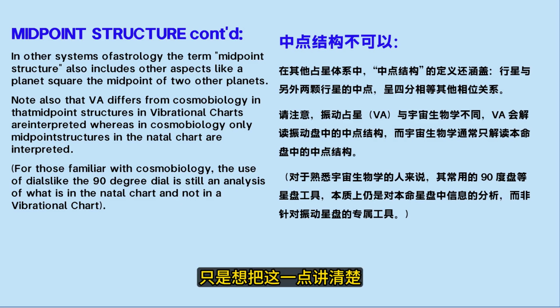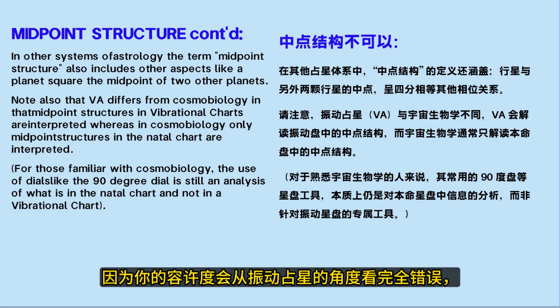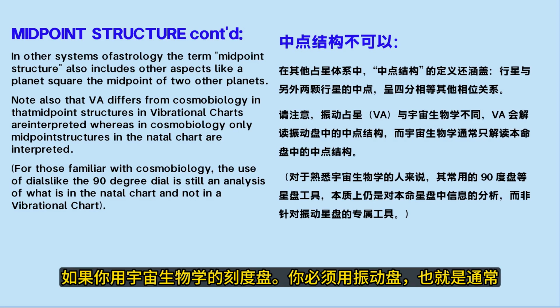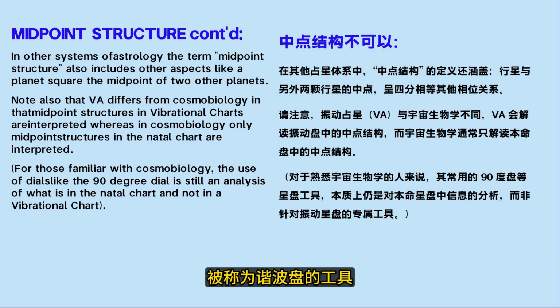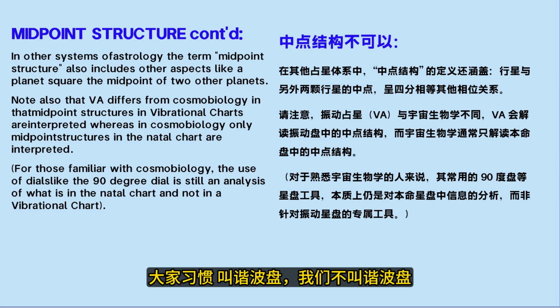Okay, so I just wanted to make that clear, because your orbs would be just wildly incorrect from the vibrational astrology viewpoint if you use cosmobiology dials. You have to use vibrational charts, which are more commonly called harmonic charts. Okay, outside of the world of VA, they're called harmonic charts.